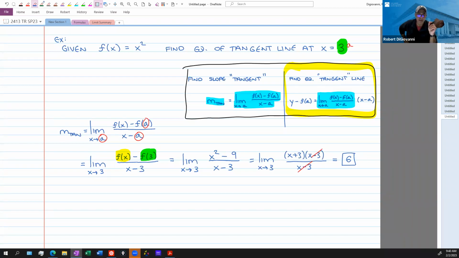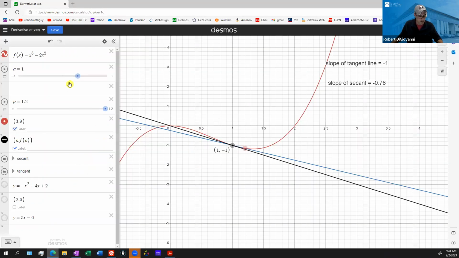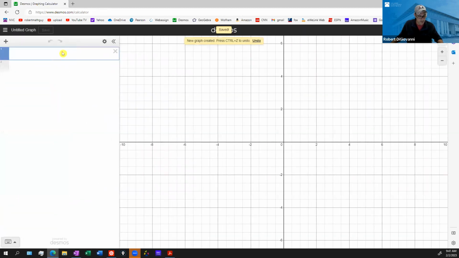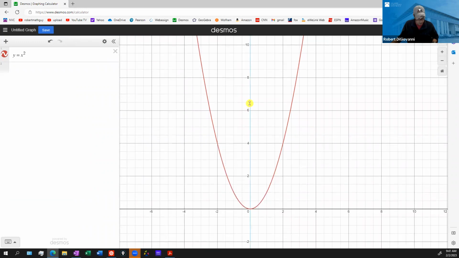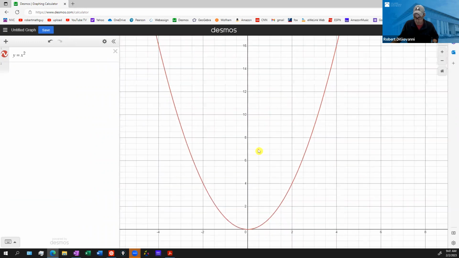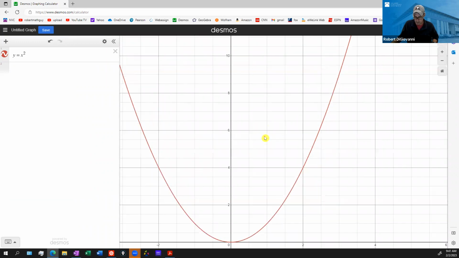So what we're saying is that for this parabola x squared, let me bring this up graphically. Let me save this. I'm going to start a new graph. If you graph x squared and you go to the value of 3, I want 3 to show up here.